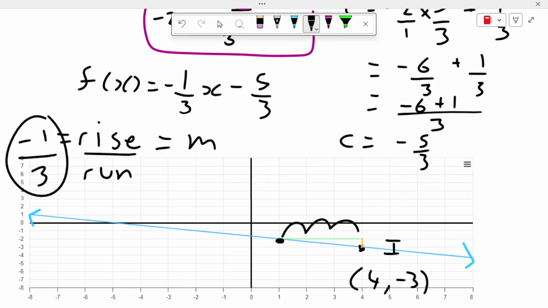Now you could run along by 1, but it's really hard to find 0.3 of a cell here. It's really, really difficult. So I'd always recommend to run along by that divide by 3. And so that's what we did, and we got another whole number point, and then we could plot it. And don't forget to put in your arrows here.